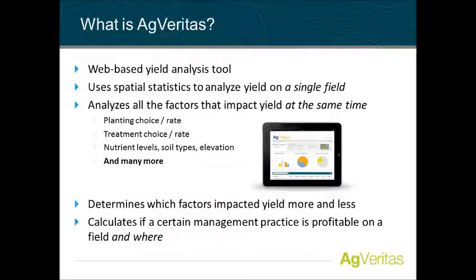It uses a spatial statistics process to take all the data layers you have for your field, whether it's your hybrid choice, seeding rate, product applications, or nutrient levels, all those data layers that you think might be having some kind of impact on your yield, and analyze them at the same time and tell you which of those factors are really driving your yield more or less relative to each other.